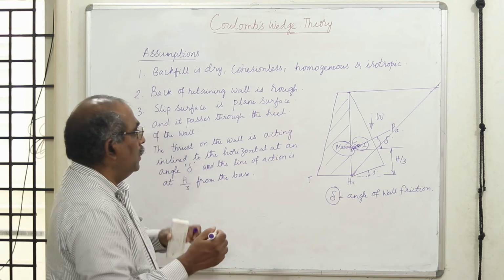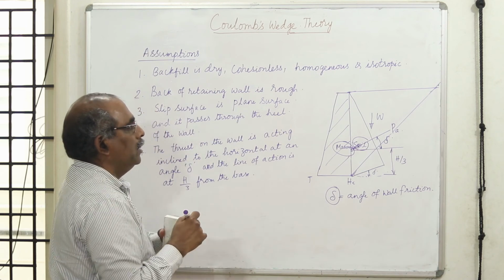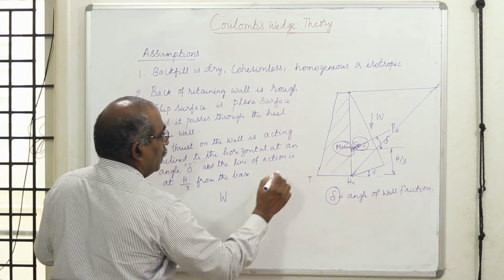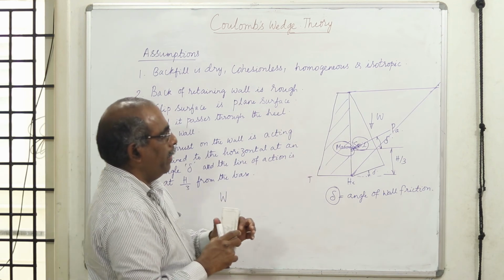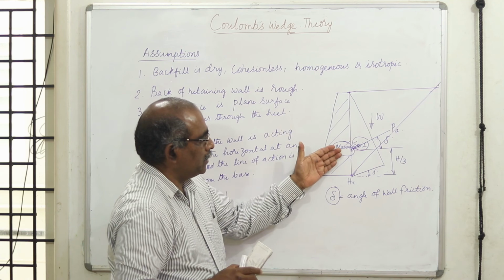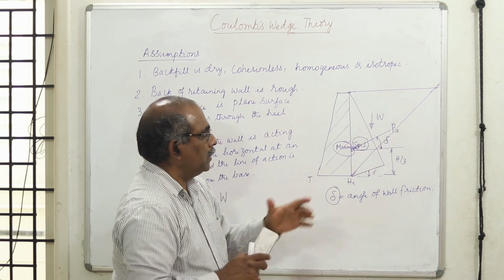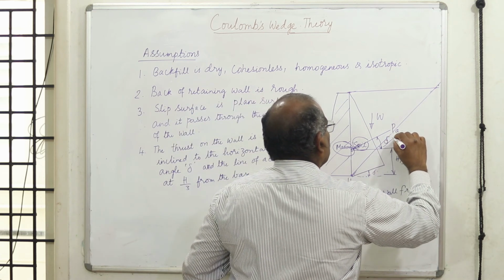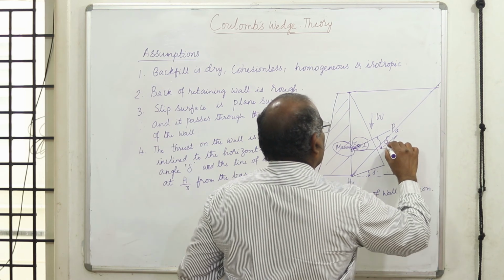Now the soil is in plastic equilibrium. The weight of the soil within the wedge is in equilibrium with the thrust, which is the resultant acting because of the thrust, and there is a resultant here because there is a frictional force. There will be a normal reaction and a resultant because of this.